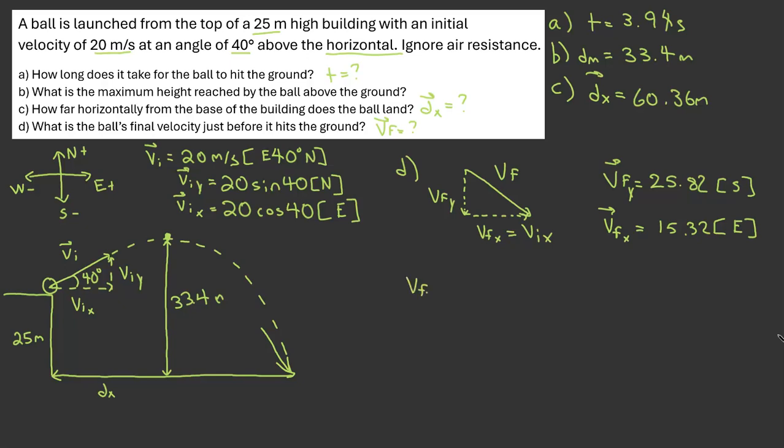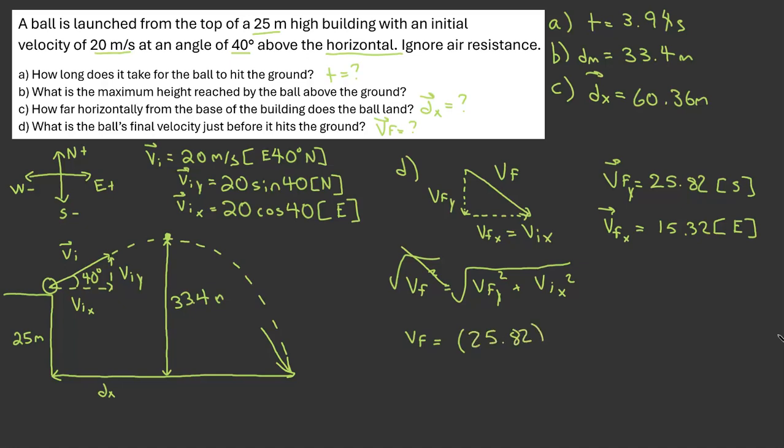So I can say that VF squared is equal to VFy squared plus VFx squared. Or I can just square root both sides, cancel out the square root and the square here, so that I'll have VF equals the square root of 25.82 squared plus 15.32 squared.